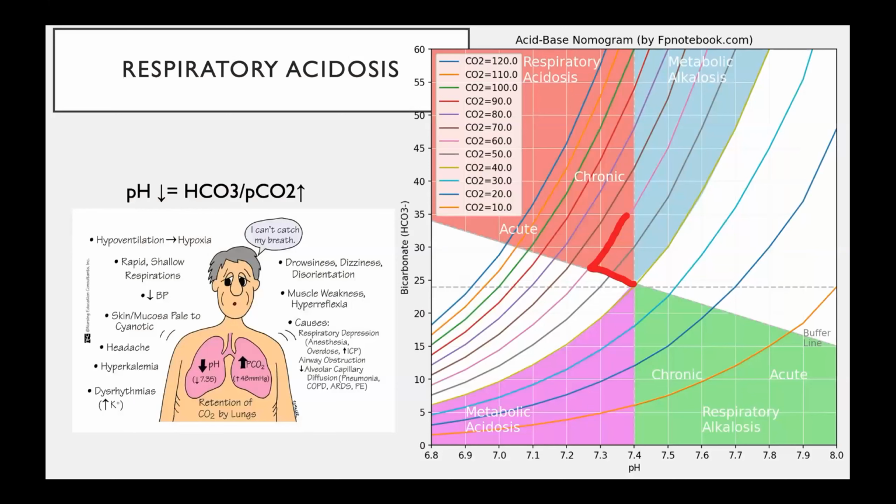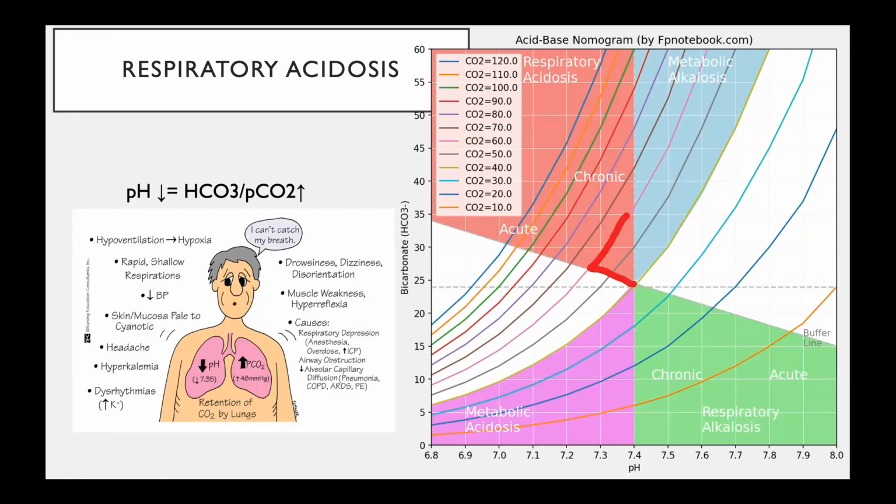Generally there is hypoventilation, rapid shallow respiration, blood pressure goes down, skin becomes pale, sometimes cyanotic. The patient will develop headache, hyperkalemia-associated arrhythmias. The patient feels numbness, dizziness, muscle twitching.